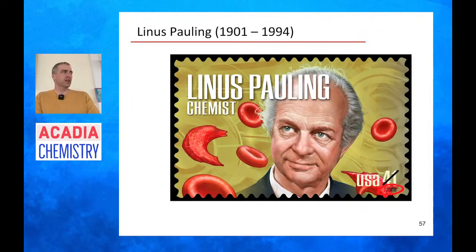But he developed a kind of a weird theory towards the end of his life. He had a big megaphone. Everyone wanted to hear him speak because he had 2 Nobel Prizes. But he developed this theory that mega dosing on vitamin C can have all these health benefits, which is not true, at least according to my cursory understanding of nutrition.